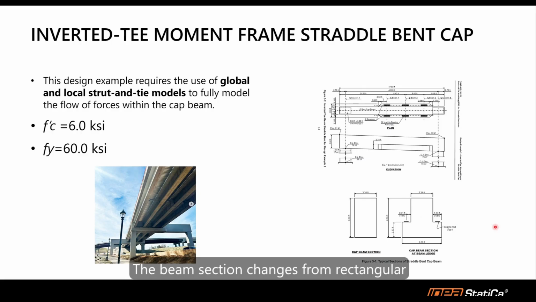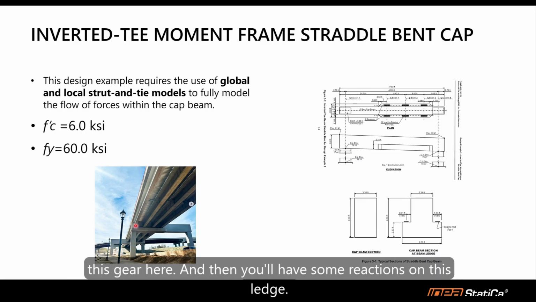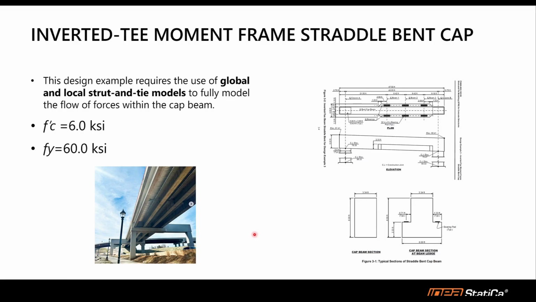The beam section changes from rectangular to an inverted T along the length of the frame, so you can see it here in the plan view. And if you look at this picture, you will also see a similar structure where there is a rectangular cross section and then it changes because we need to carry these girders here, and then you'll have some reactions on this ledge, right?